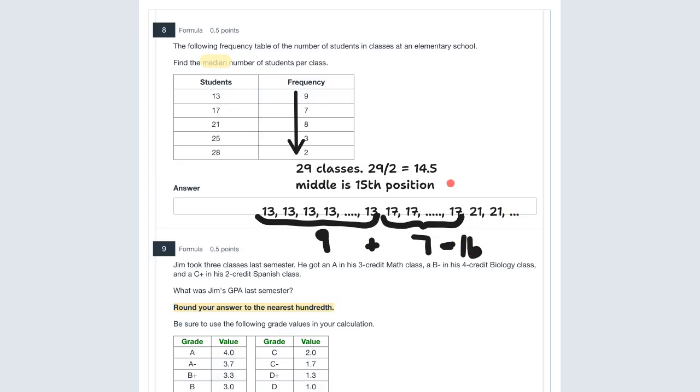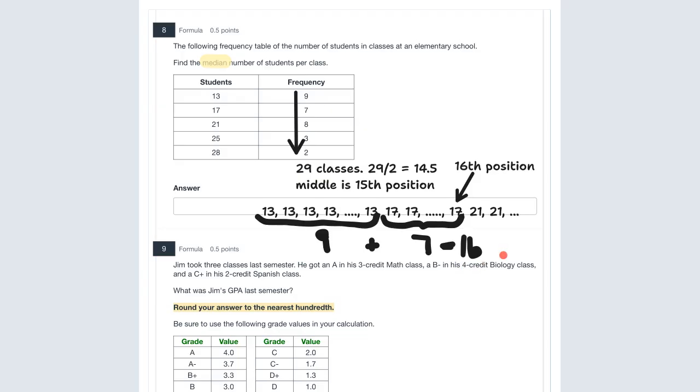So that means that 17 right there is in the 16th position. If I listed them all out, that would be in the 16th position.